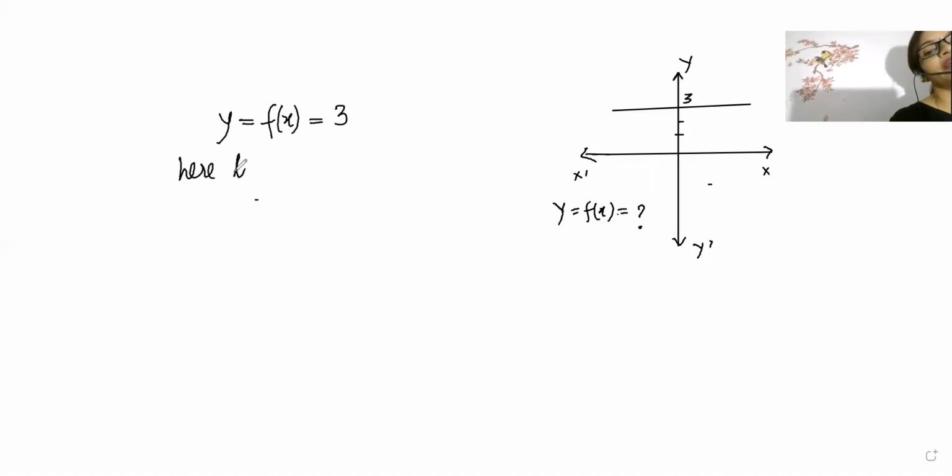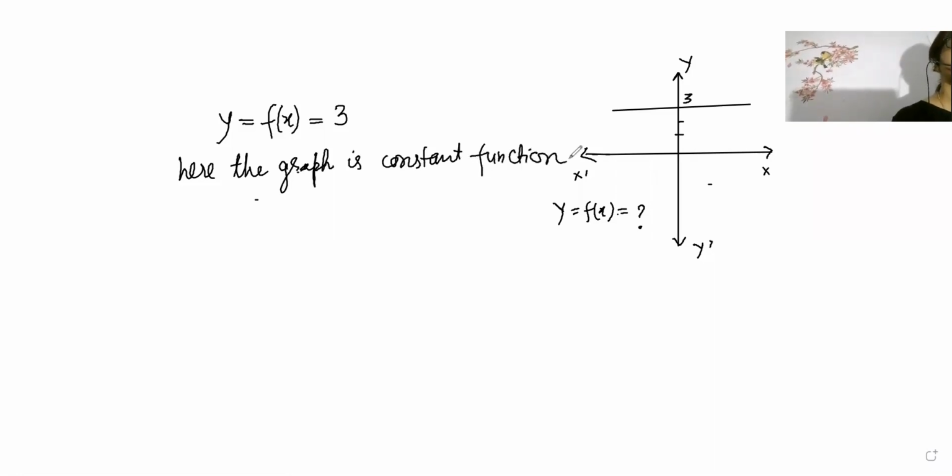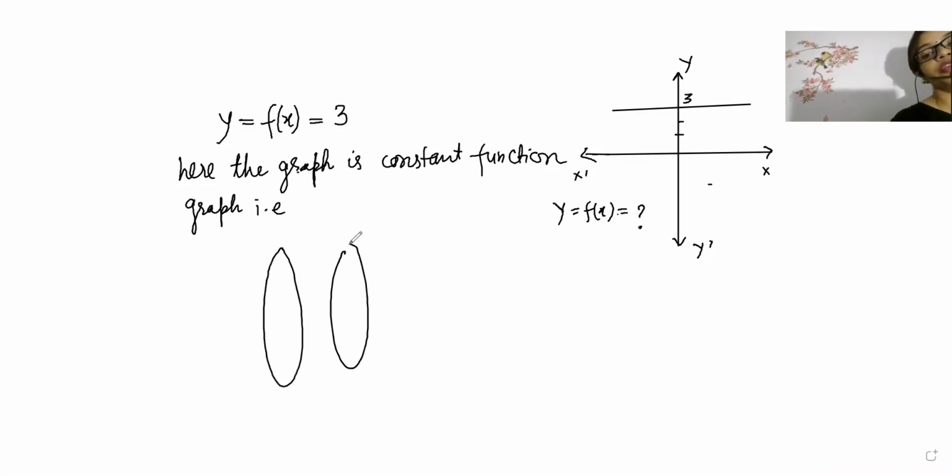Here, the graph is that for every negative or positive value of x, exactly -3, -2, -1, 0, 1, 2, 3.